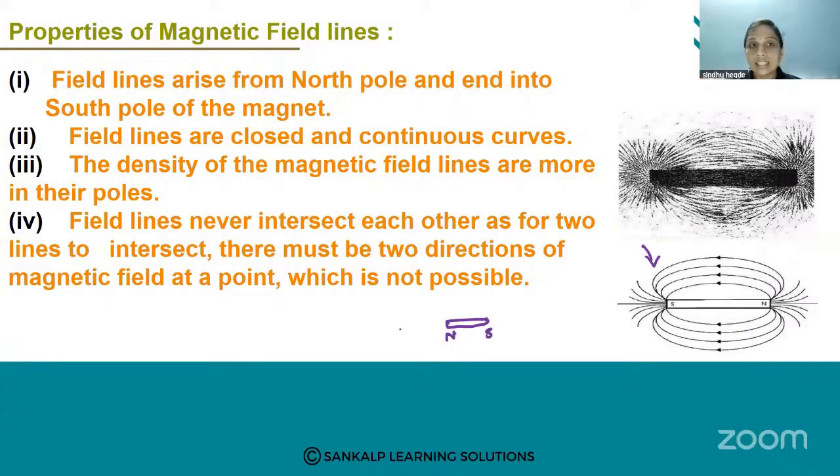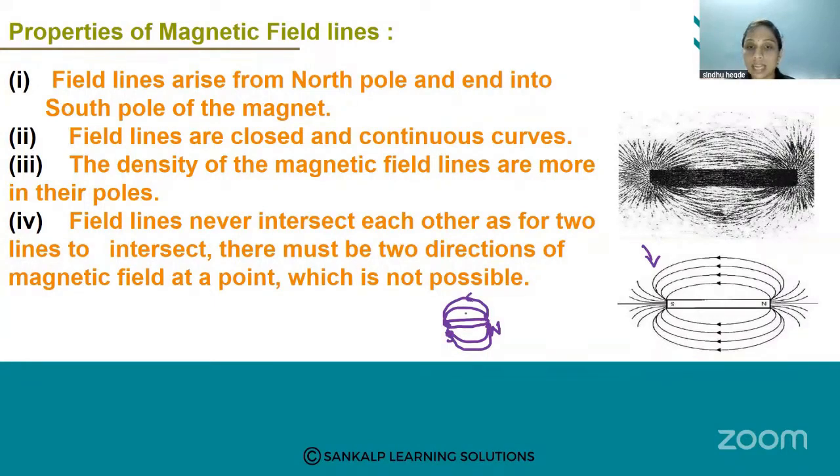Field lines arise from north pole to south pole. It always goes like this, north to south, north to south directions. So here the arrow mark shows like this.